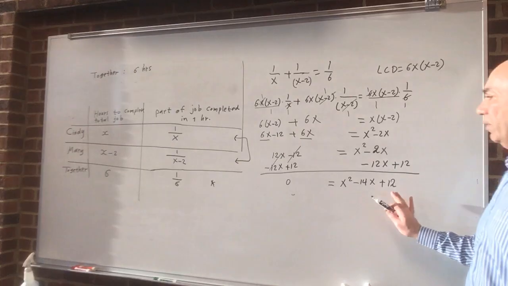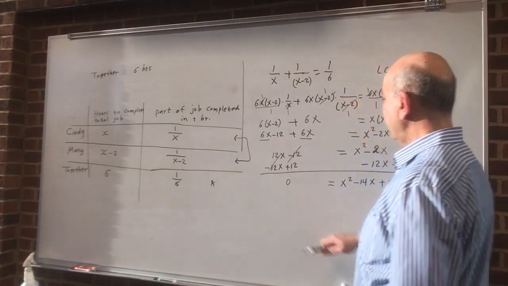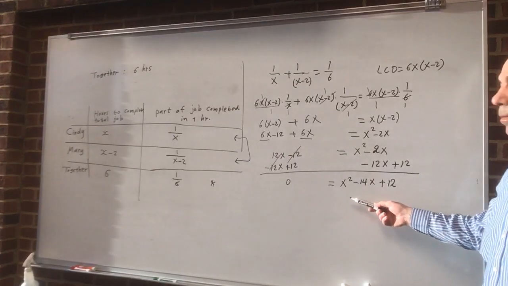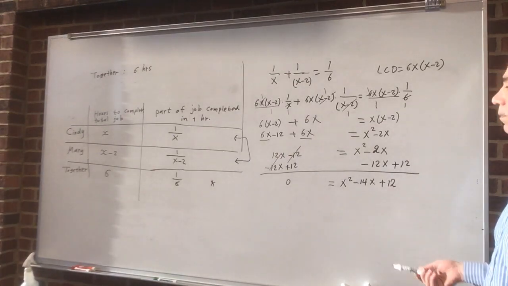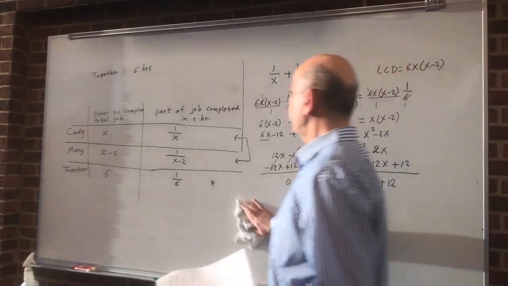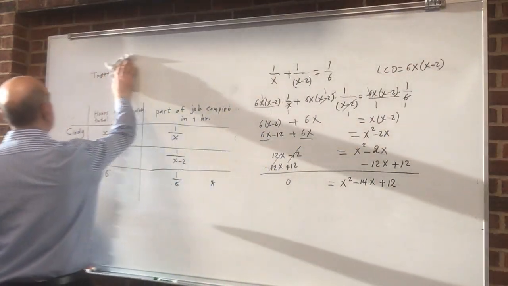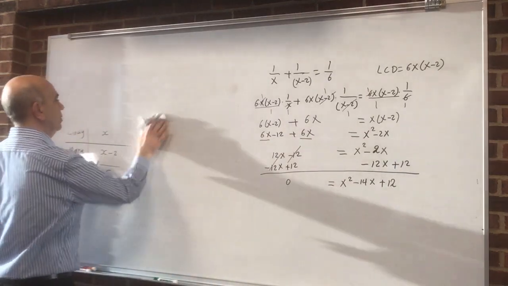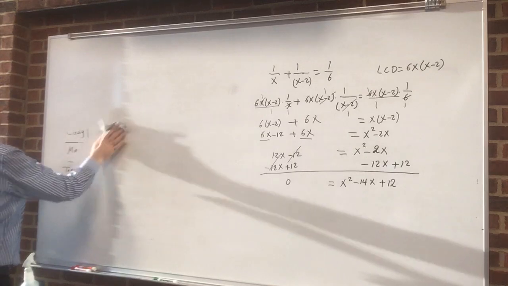This equation you cannot solve by trial and error, so we will use one of the methods to solve a quadratic equation: the quadratic formula, or completing the square. You can solve it by any method. Let us solve it by the quadratic formula.